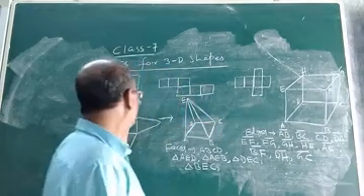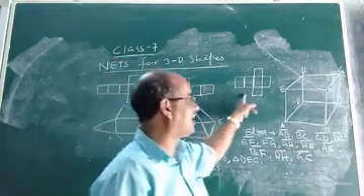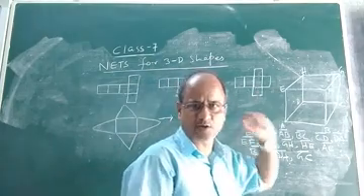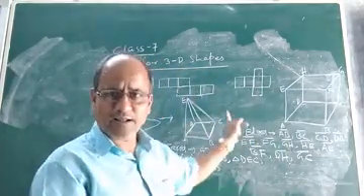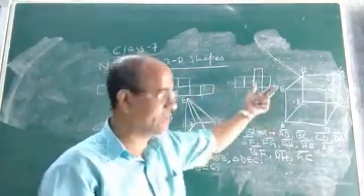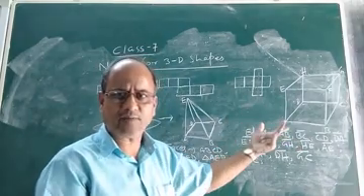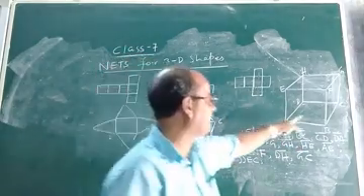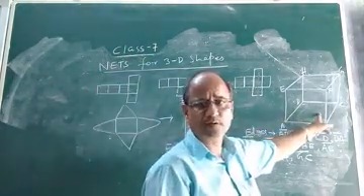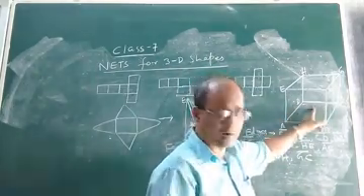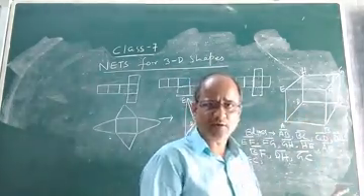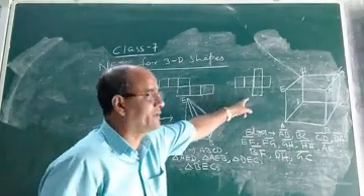This is one net, this is another net, this is another net of this cardboard or cube. That means a net of a solid, say a cube, is obtained by cutting the cube or the cardboard along its edges. Now these are the nets of a cube.